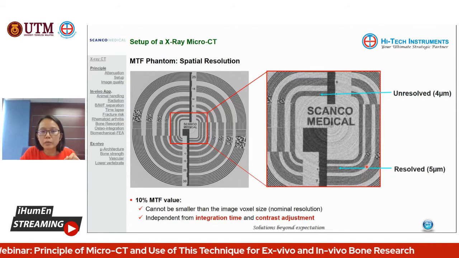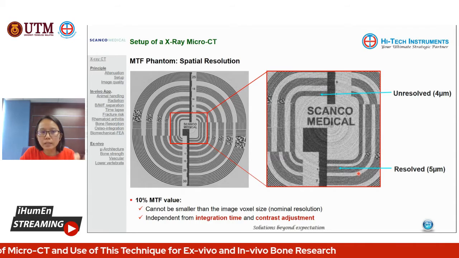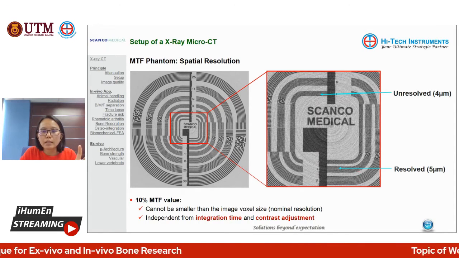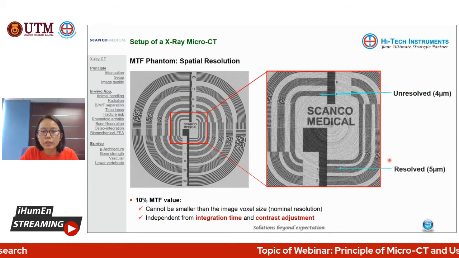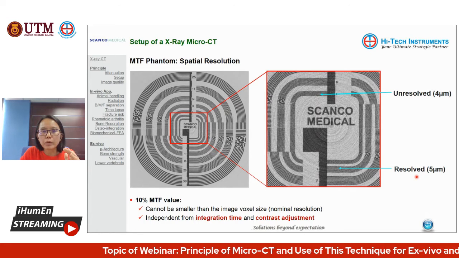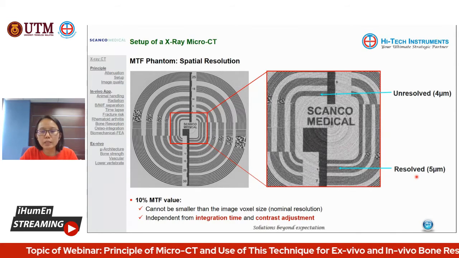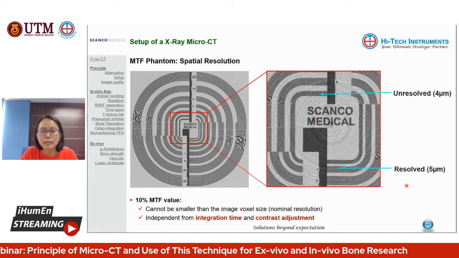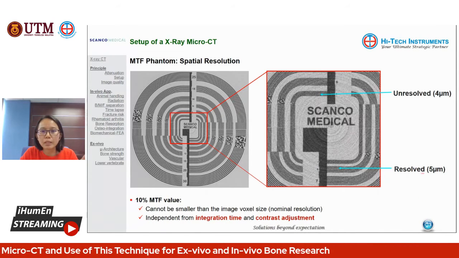So based on this, we can say that the effective resolution of this system is considered 5 micron. Basically, it's between 4 and 5 micron. That's why, when you read the specification of the micro CT, it will be written as less than 5 micron, because it's in between 4 and 5 micron.